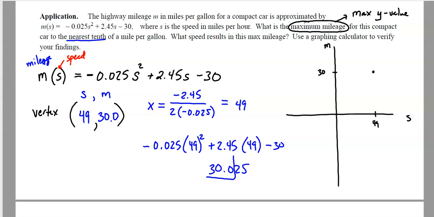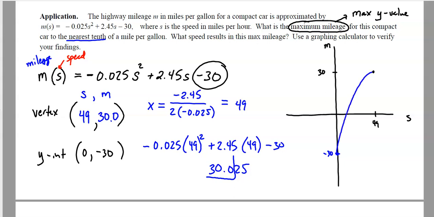I know that my y-intercept, which doesn't really make sense in this problem, because if your speed is 0, it's saying I'm going to get negative 30 miles to the gallon, because remember, it's just that C value. But nevertheless, to make the graph work out, it's going to be right down here at negative 30 if I wanted to graph it. So it's going to come up, and then it's going to drop back down somewhere like that.